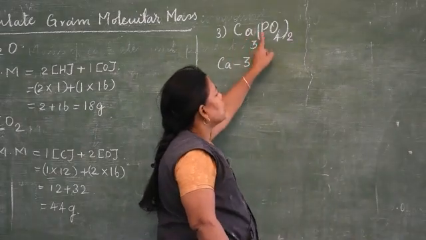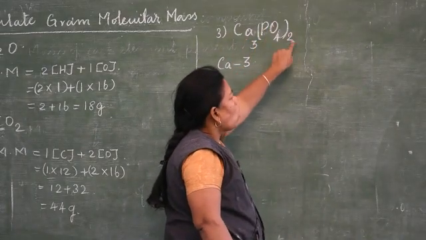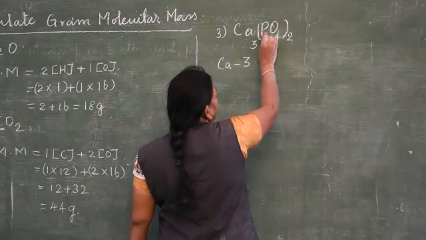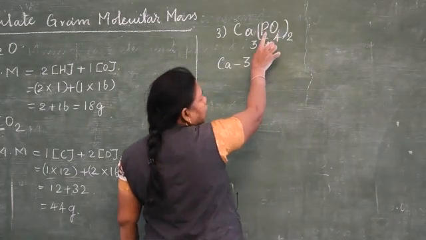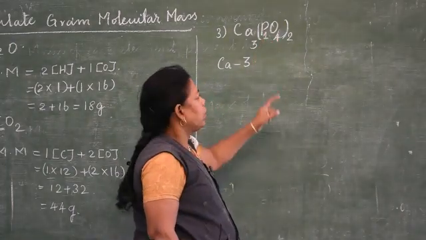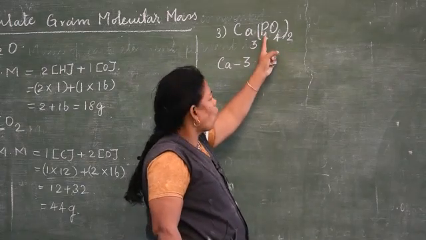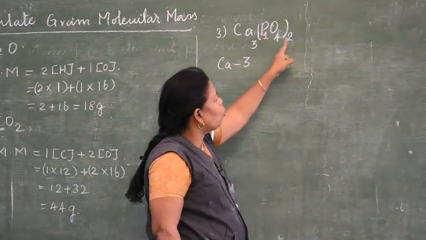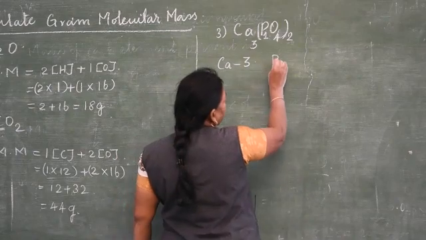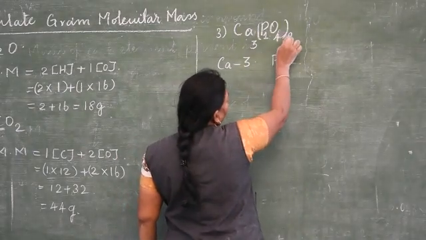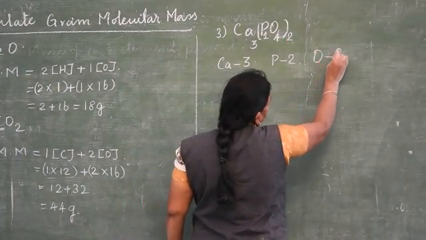This is not for calcium, this is only for phosphorus and oxygen. Phosphorus here, the number 1 is there. Already I told that if the number is not mentioned, it is understood that there will be 1. Therefore 1 into 2, 2. So phosphorus how many atoms? 2. And 4 into 2, 8. Therefore oxygen 8.